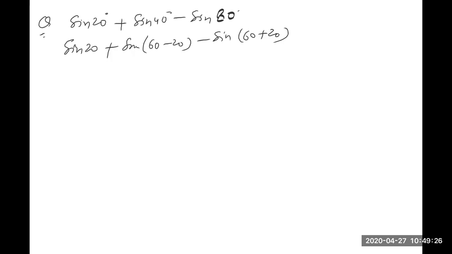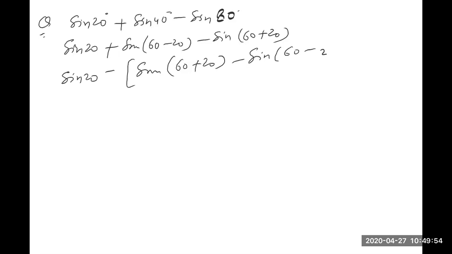Then you can solve. So this is sine 20 plus, you can take sine (a plus b) minus sine (a minus b). A better simple direct formula you can use then. If you take the minus sign outside, you will get sine of (60 plus 20) minus sine of (60 minus 20).